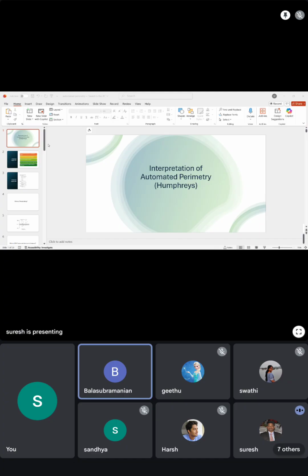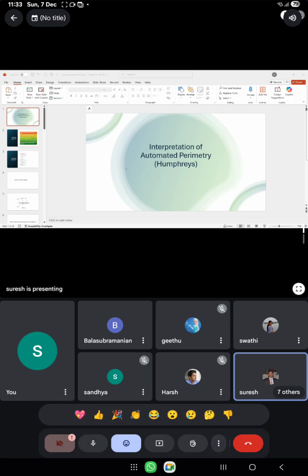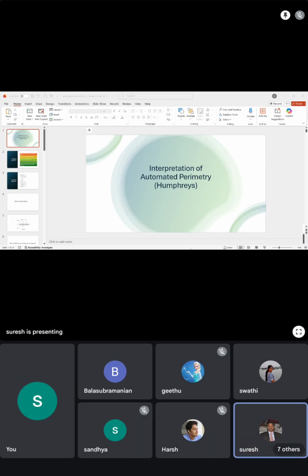How do I present this? How do I start presenting this? Right click, slide show. F5.